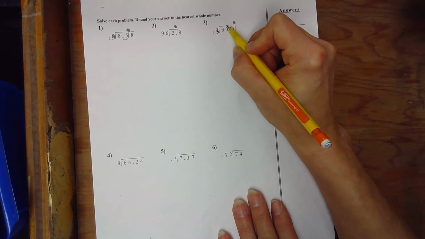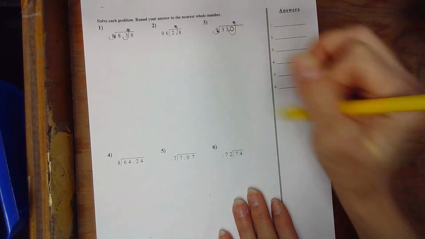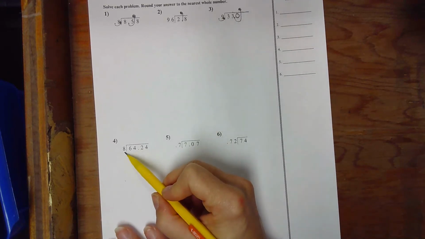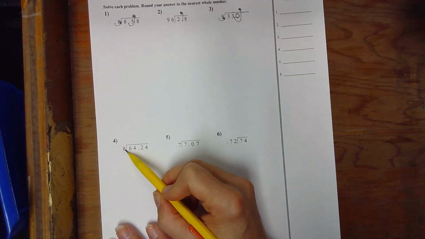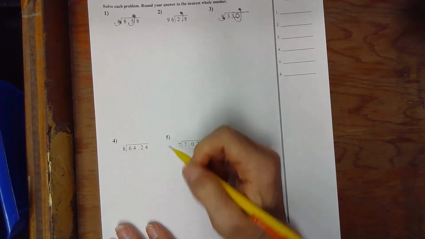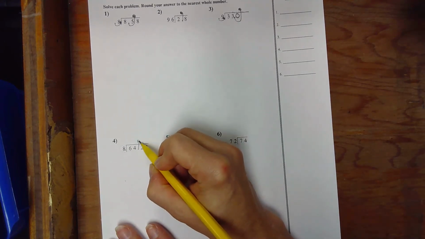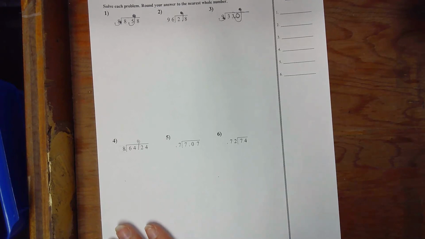Good. There still is nothing in that place. Do I need to nudge this decimal? No, because there's no decimal in the divisor. The decimal is already next to the bracket if it's not shown to us. I do need to include this decimal in the answer.